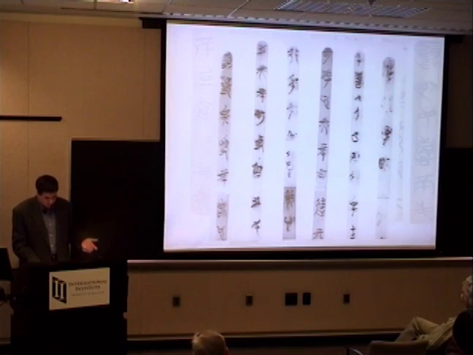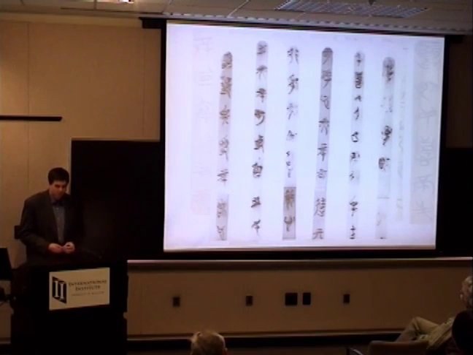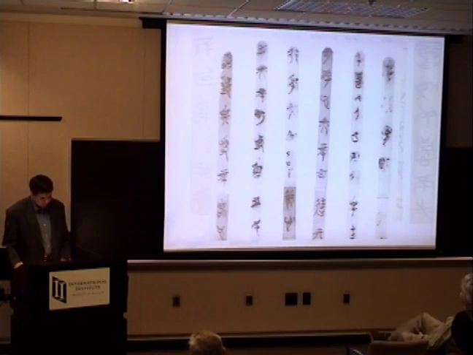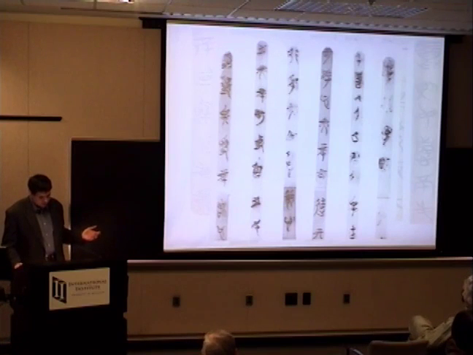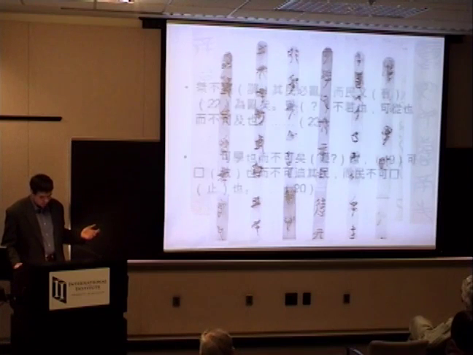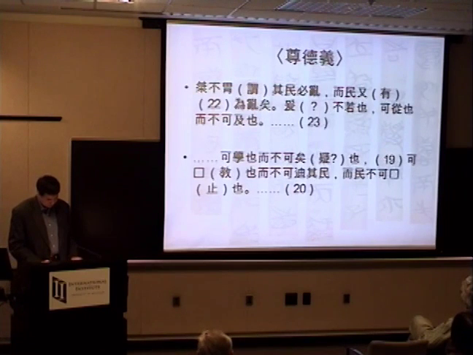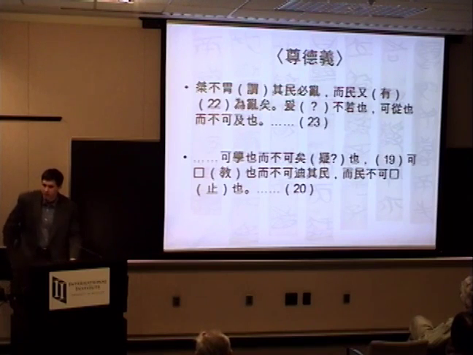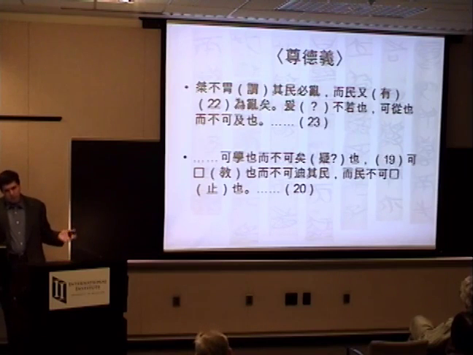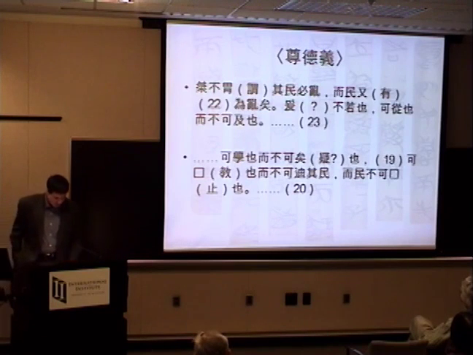But as I was going back over this text a couple months ago, I discovered something really startling. Let's take a look at two of the strips in the original transcription. So first, for strips 22 through 23, you have 节不为其民必乱而民有为乱矣, and then something like 语言不弱可从而不可及也.